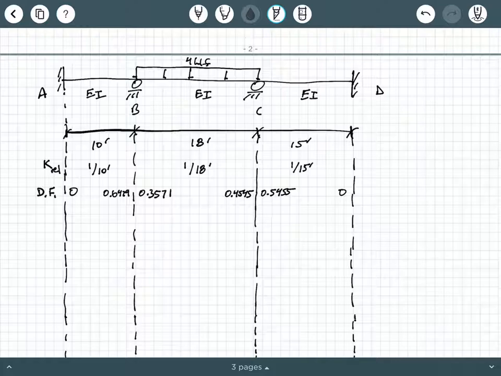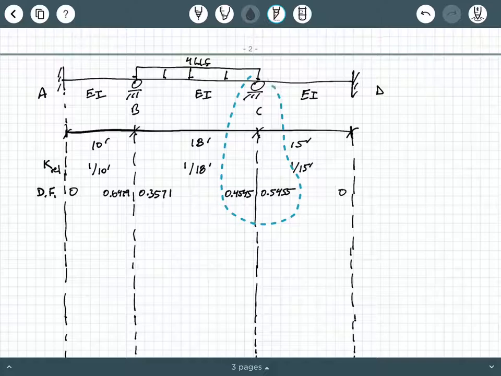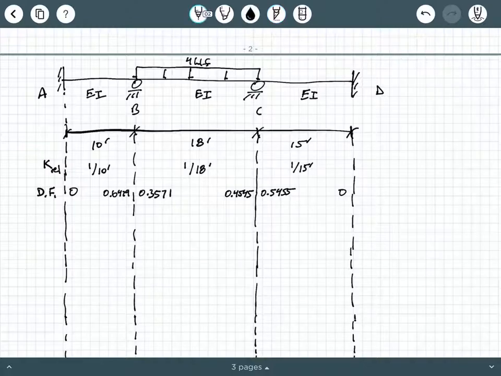And again, notice that we mentioned earlier the sum of the distribution factors at a particular point right here should be equal to 1, okay? So keep that in mind. Same thing is happening here, equaling 1. All right, so next thing we're going to write in here is our fixed end moments, FEMs.